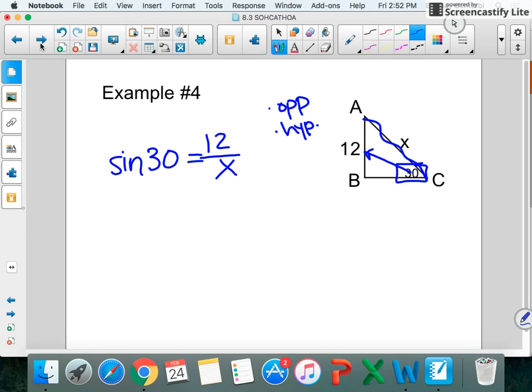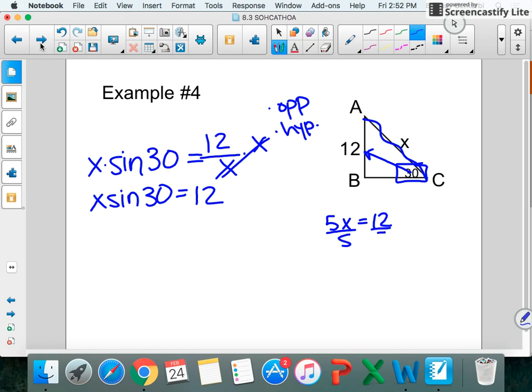So solving this one can be a little bit tricky. First, I have to get x out of the denominator. So same as example 2 that we did, we're going to have to get it out of the denominator. So I'm going to multiply by x on both sides. So now I have x sine 30 equals 12. And this is no different as if I said like 5x equals 12. If I was going to solve this, I would divide by 5.